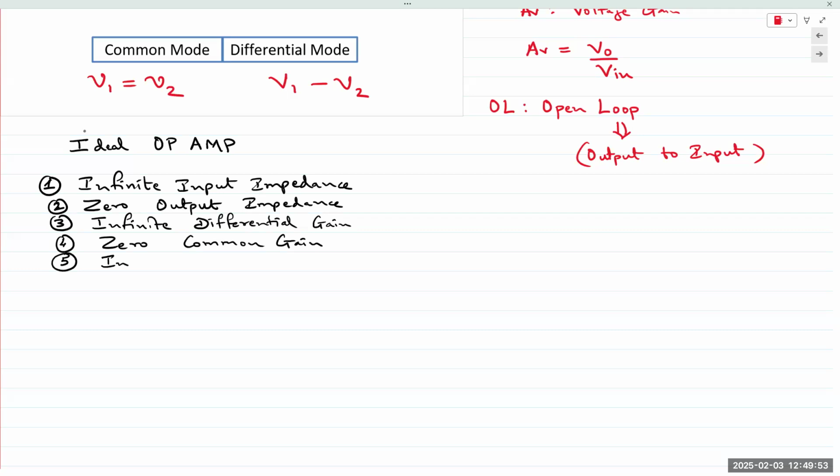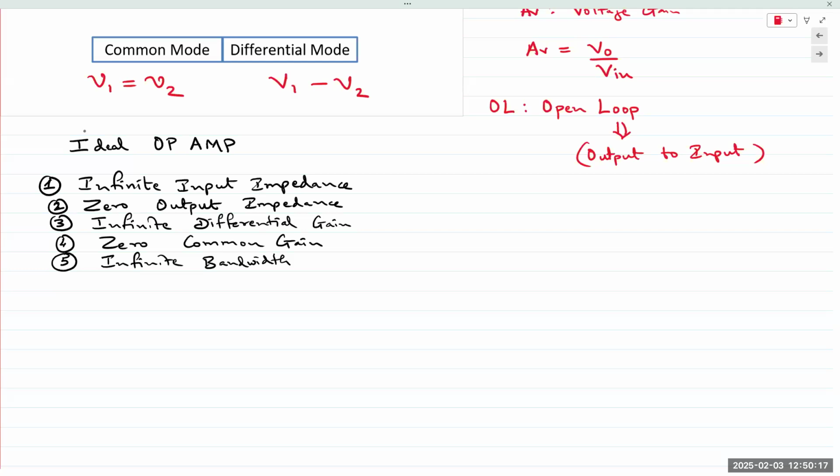And also infinite bandwidth. Of course, all of this is not possible in real life circuits. Anyway, so it's infinite input impedance, zero output impedance, infinite differential gain, zero common mode gain, and infinite bandwidth.